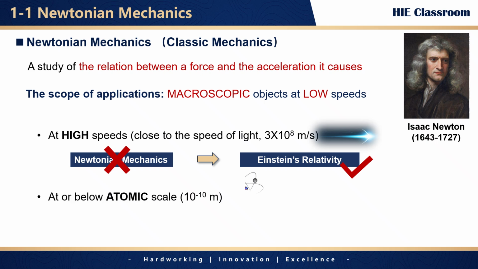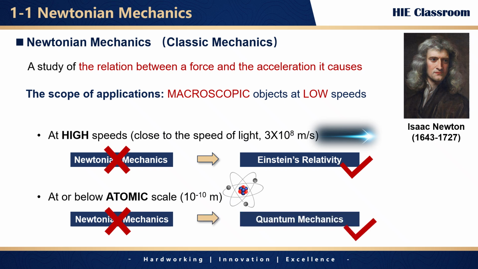On the other end of the scale, if we look at very tiny objects, like electrons inside an atom, Newtonian mechanics also breaks down. There we have to use quantum mechanics to describe these behaviors. So from a modern perspective, we can think of Newtonian mechanics as a kind of approximation. It's a special case of these more general theories, but it works very well for most everyday situations. That's why we still use it so much.